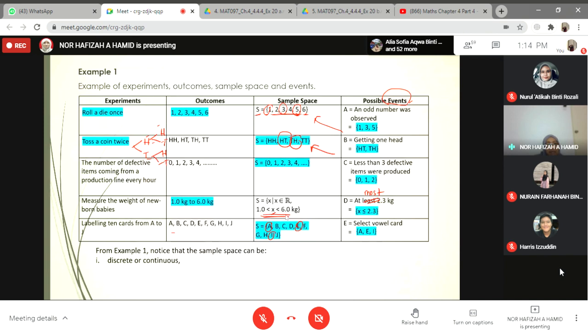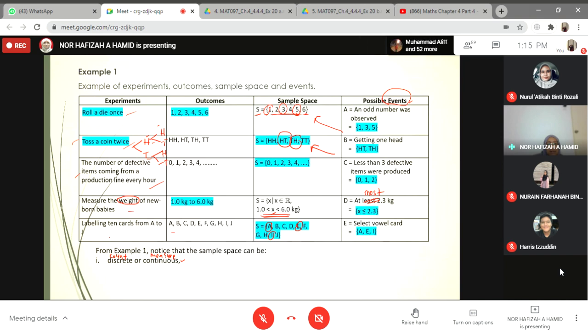Discrete is usually something we count, and continuous is usually something we measure. If you look here, roll a die you can count, toss a coin you can count, number of defective you can also count. So experiments number 1, 2, 3 are all discrete. But experiment number 4, measure the weight, or height or length, we cannot count, we measure. All those that measure weight, height or length are considered continuous. So for these experiments, the only continuous sample space is number 4.